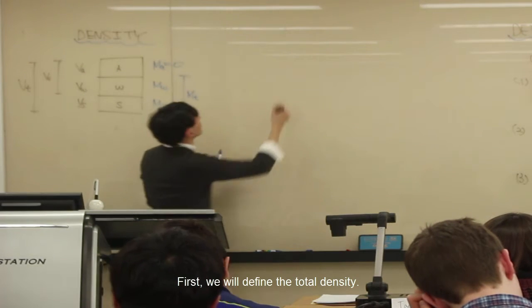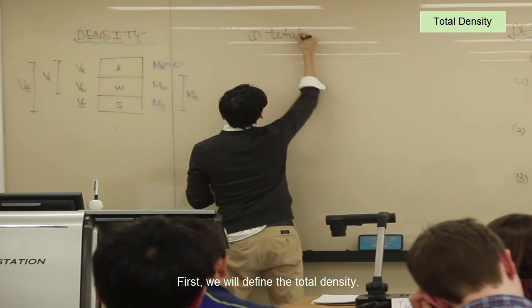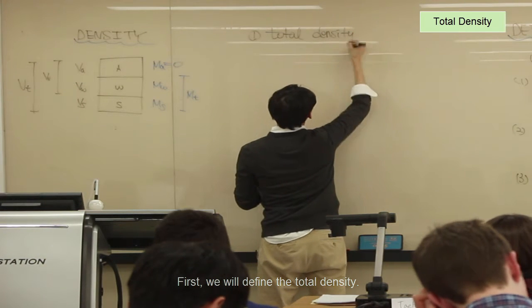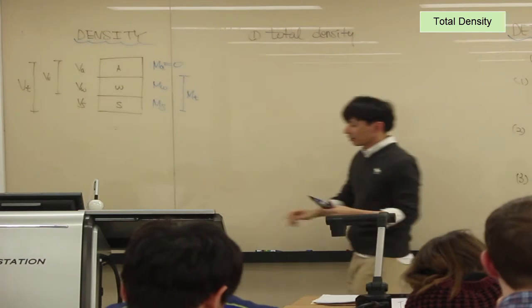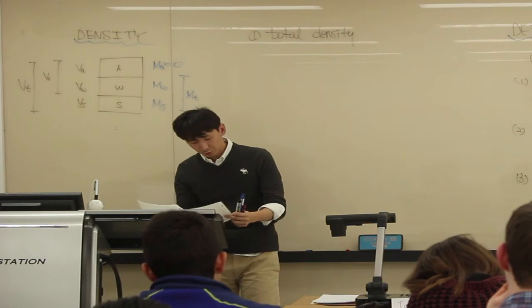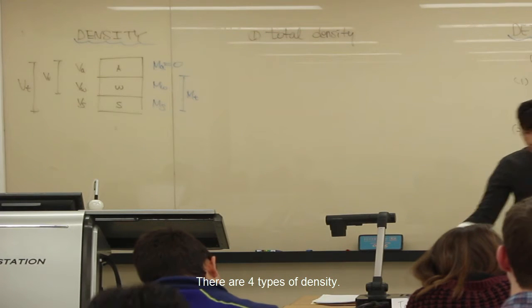First, we want to find the total density. Actually, there are 4 types of density in soil.